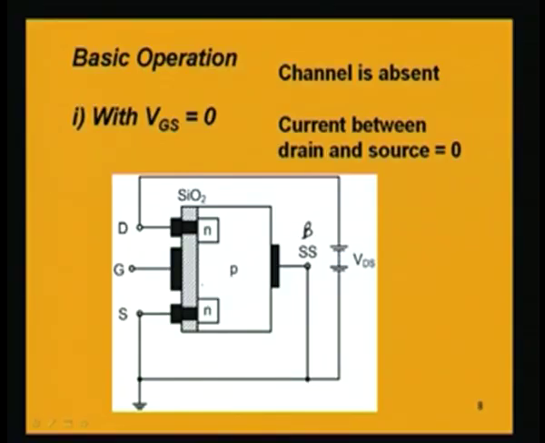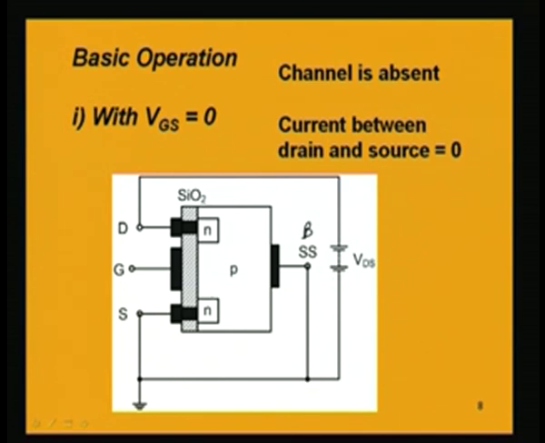But we also have to note that in between these two N types, there is no channel. Although these two regions are rich in electrons, still in this present arrangement, there cannot be any current flow between this drain and the source, because there is no channel present.